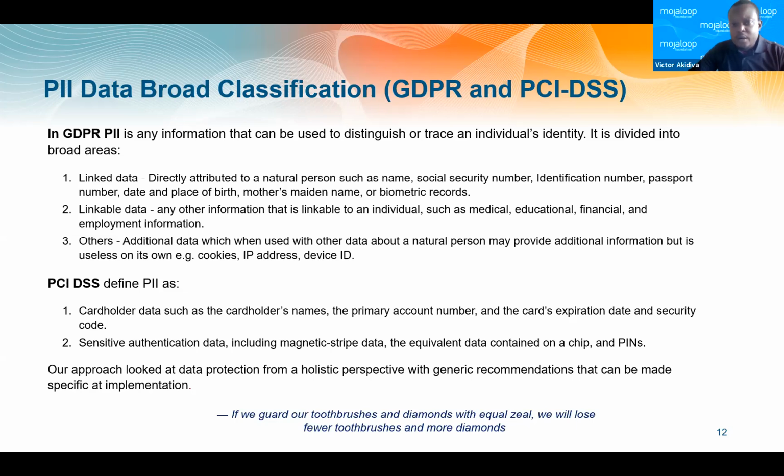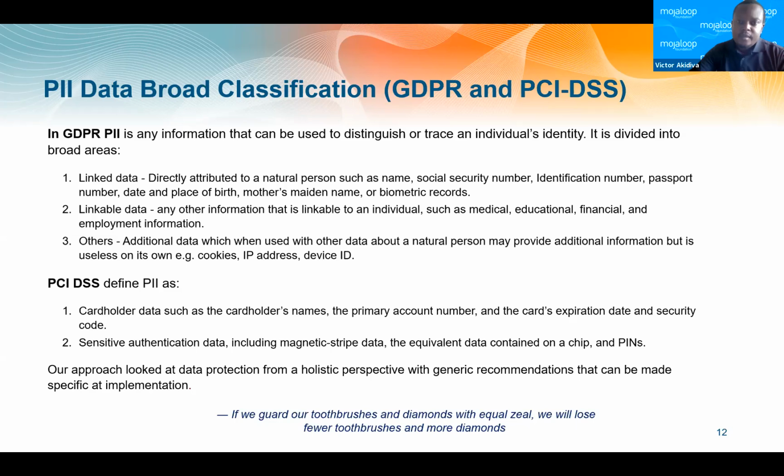As Godfrey has spoken about from a PCI DSS perspective, card holder data essentially is all the details around the card, being the names and authentication information that is tied to the card. As such, we note that GDPR in a broad sense also covers to an extent some aspects that need to be protected from a PCI DSS perspective.